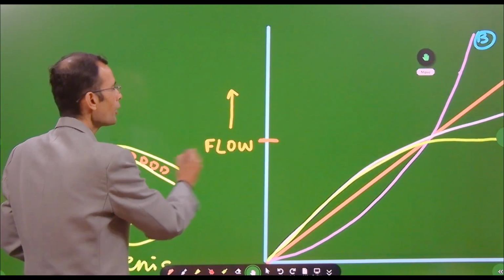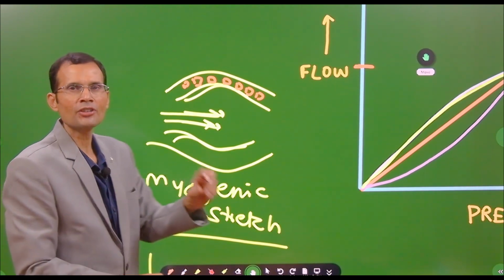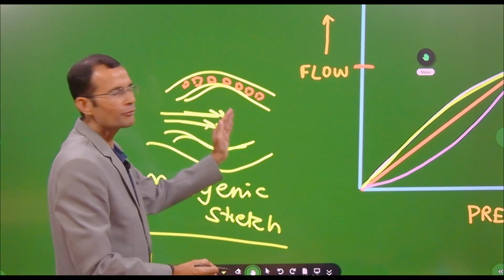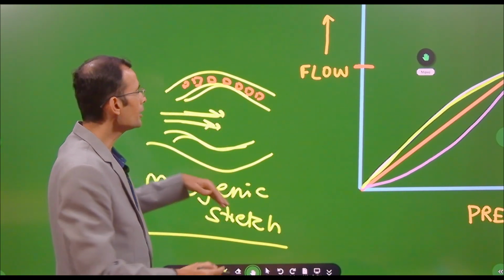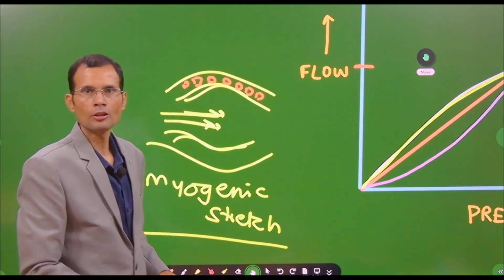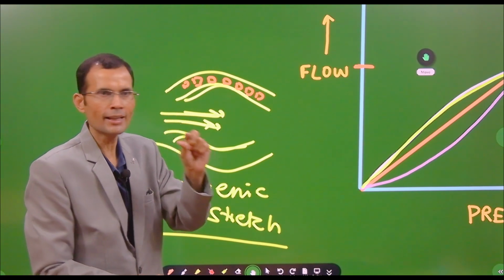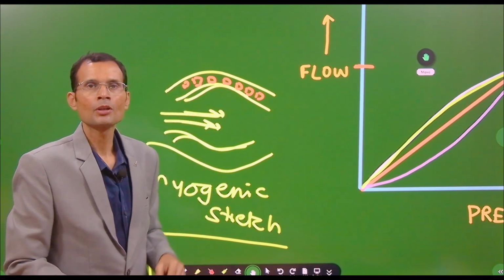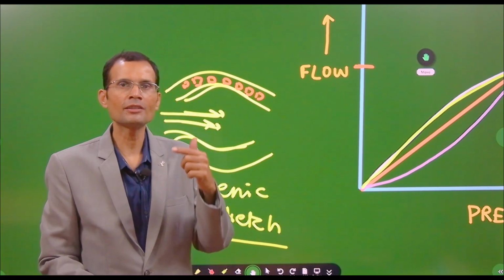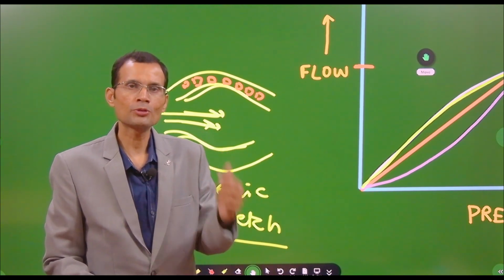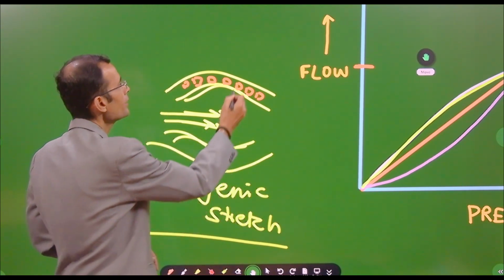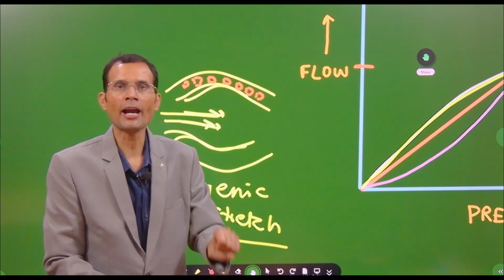So what happens here is the myogenic stretch theory: as the flow increases initially, there is stretch of the vessel wall. Stretch of the vessel wall means these smooth muscle cells in the wall of the blood vessel, they have calcium channels in their wall. So those calcium channels open and the smooth muscle cells contract.